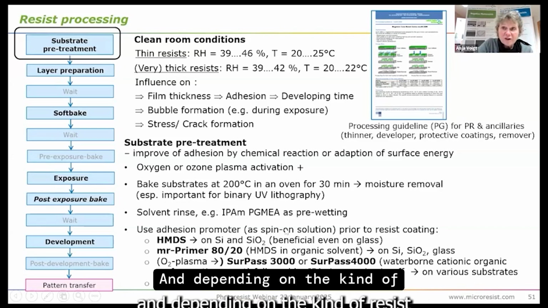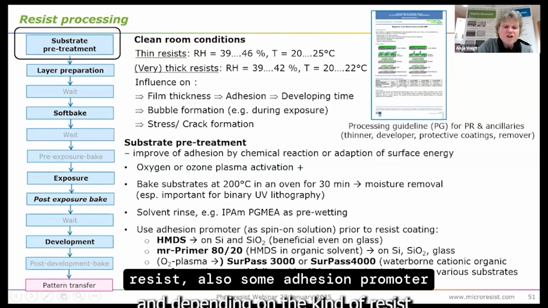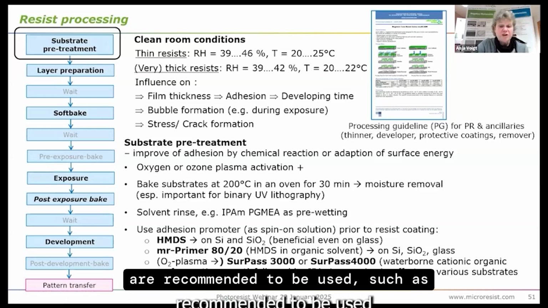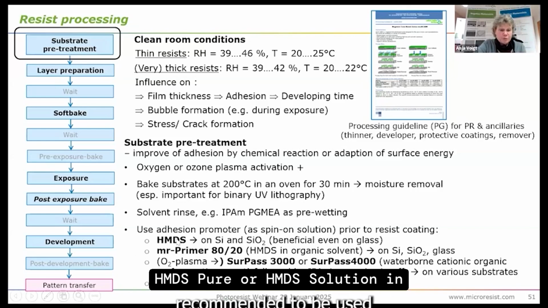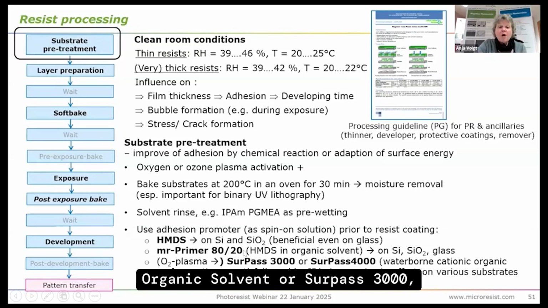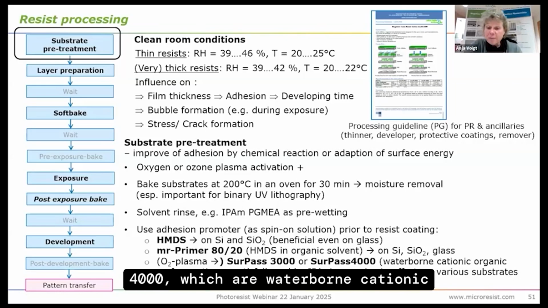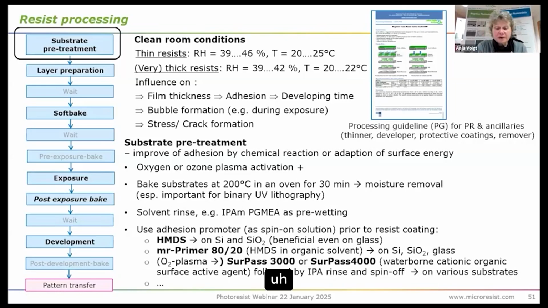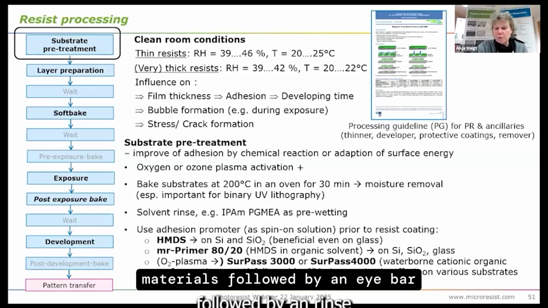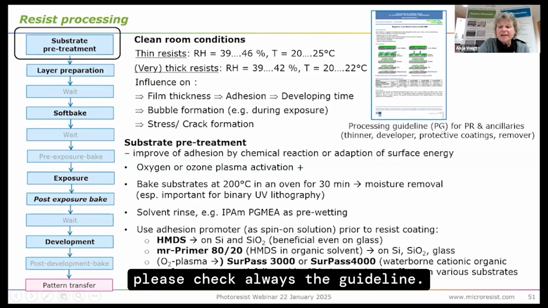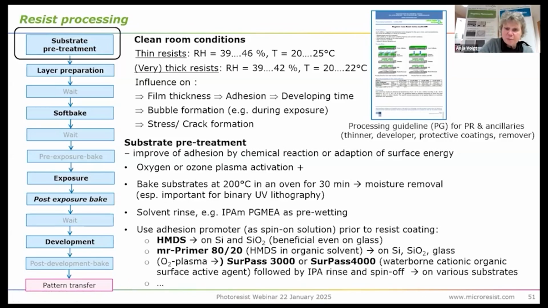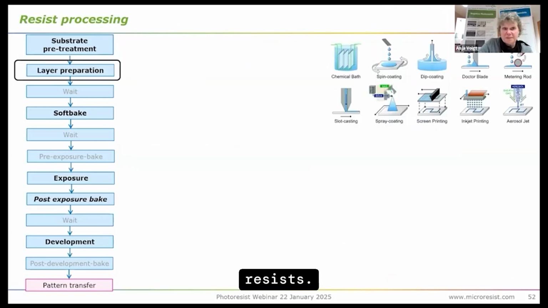Depending on the kind of resist, some adhesion promoters are recommended, such as HMDS pure or HMDS solution in organic solvent, or Surpass 3000, 4000, which are waterborne cationic materials, followed by an IPA rinse and then apply the resist. So please always check the guideline. There are recommendations on which process is recommended for which resists.